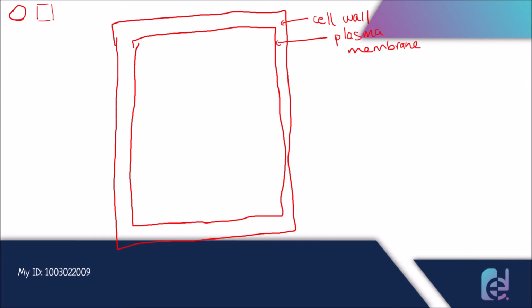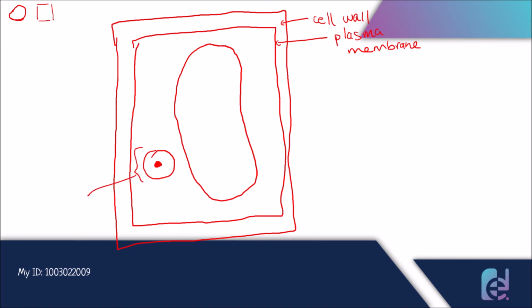And then the vacuole is so big in a plant cell that it pushes the nucleus out of the center. The vacuole becomes central and it pushes the nucleus, so the nucleus is off to the side inside a plant cell. So then this is the nucleus. This is the nucleolus, this is the nuclear membrane.